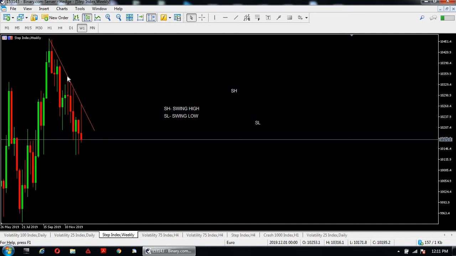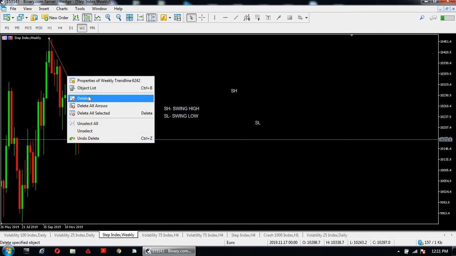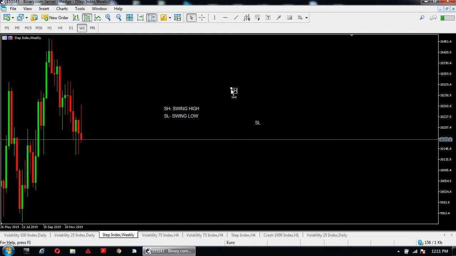So here you can see there's a swing high about this point, and then we have the swing low here, and then price made a new swing high, which is a lower high.